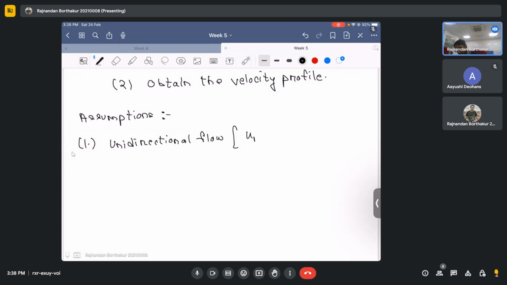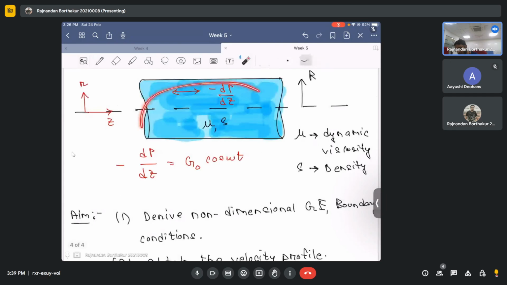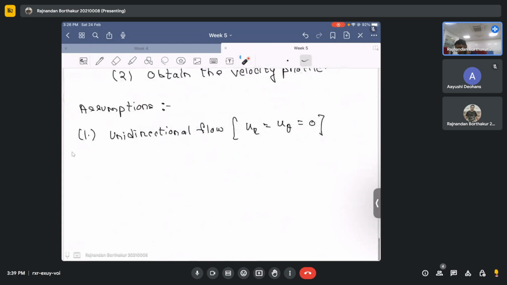This means that u_r and u_theta will be equal to 0. Of course, since this is a pipe, we'll use the cylindrical coordinate system. And u_r and u_theta are 0 because we are invoking the unidirectional flow assumption. u_r is 0 because of the no penetration boundary condition. u_theta is 0 because there is no actuating force in the theta direction.